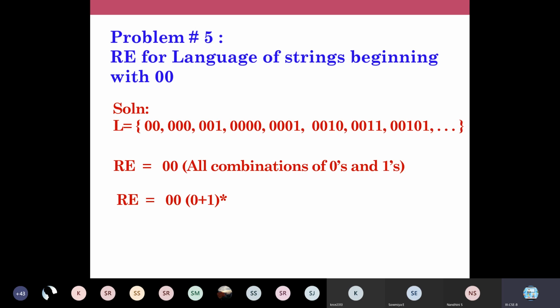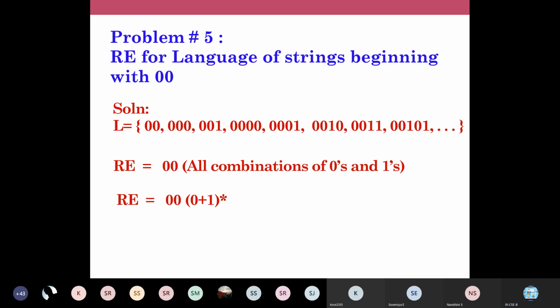You need not explicitly write a dot, but we have concatenated the simplest regular expressions. Small regular expressions we are concatenating. So when I'm writing 2 zeros, it means that we are concatenating 2 regular expressions. The first 0 is a regular expression, the second 0 is a regular expression, and we have concatenated them using a dot.